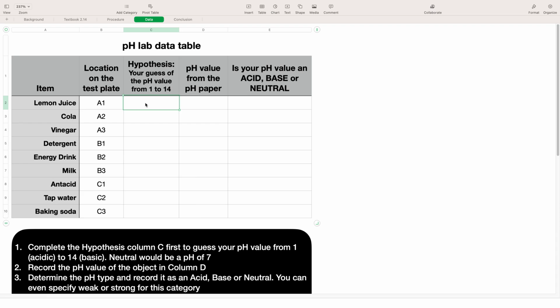Without looking at the data table that it just showed you, you're not going to be graded on your guess. But guess right now what the pH value is going to be before we test it. Take a moment to fill in the hypothesis column in the data tab.